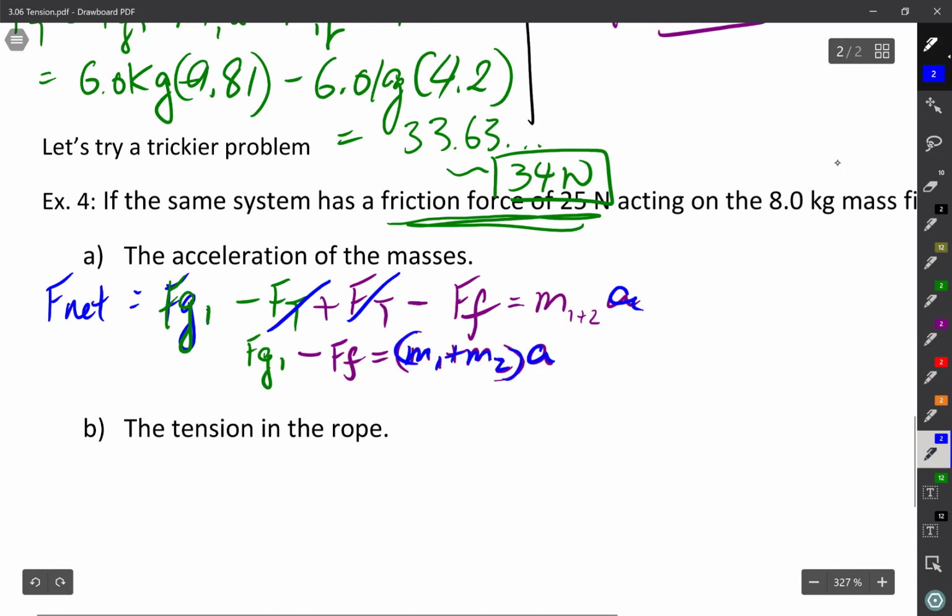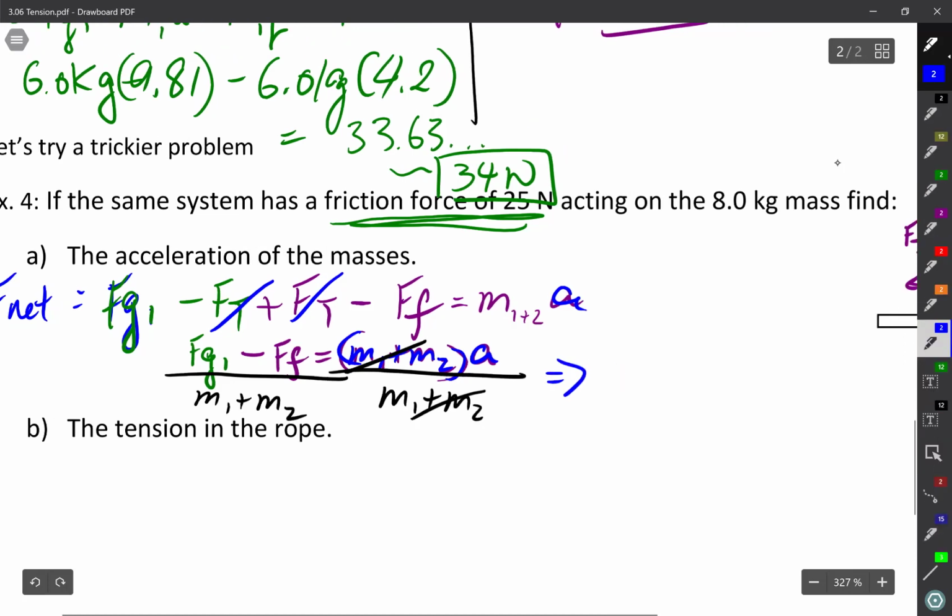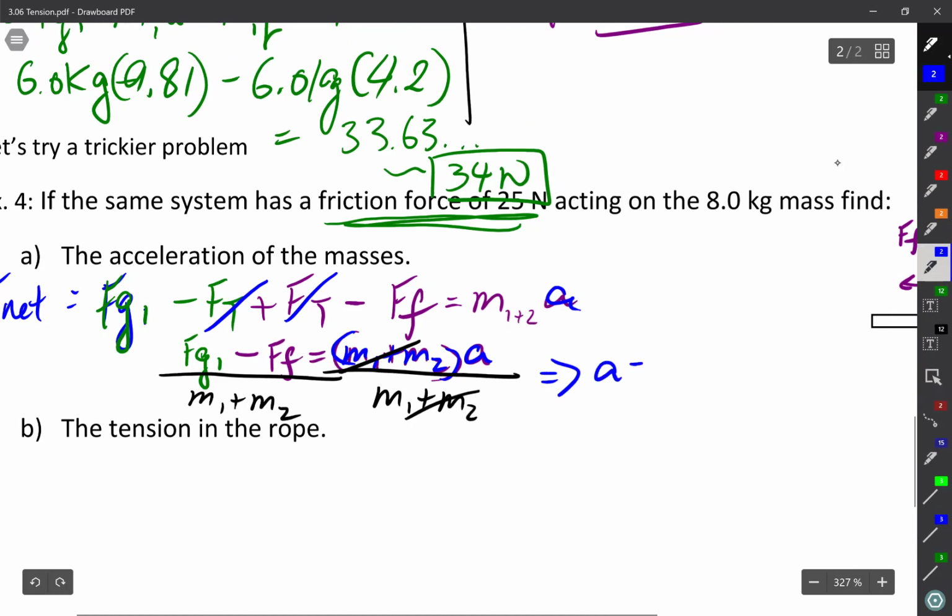So again, to solve for acceleration, we're just going to divide both sides by M1 plus M2. And this gives us the acceleration is Fg1 minus force of friction divided by the sum of our masses.